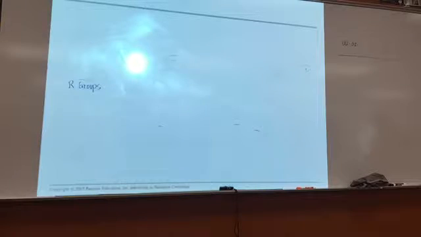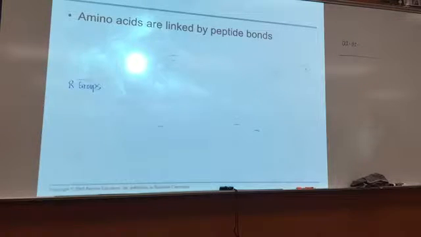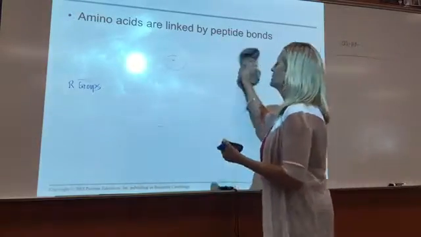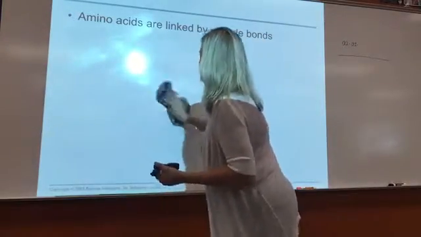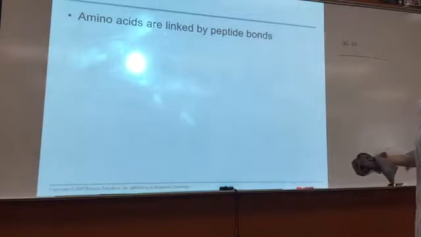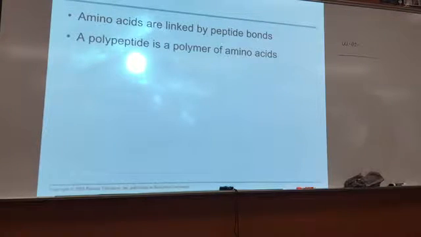All right. So then we hook amino acids together to make proteins. They are linked by these bonds called peptide bonds. And a polypeptide is a polymer of these amino acids, and we hook them together.